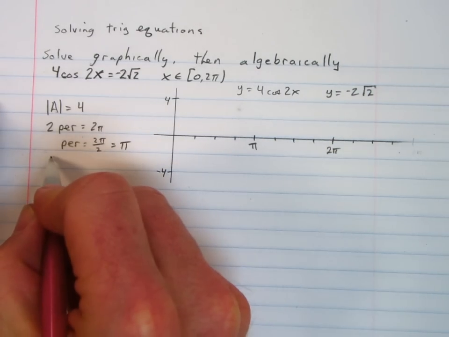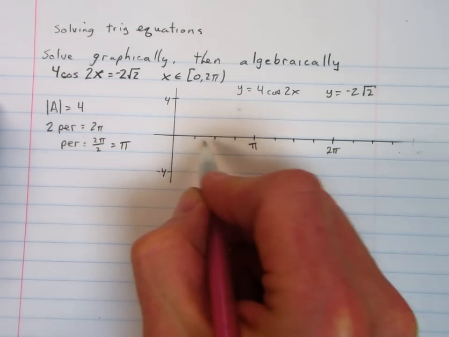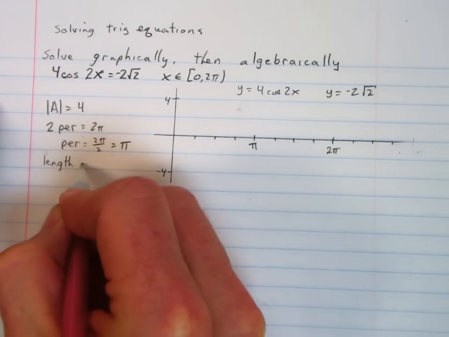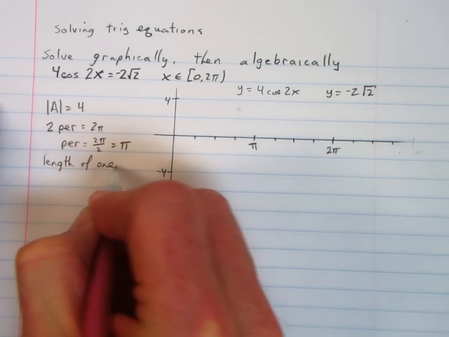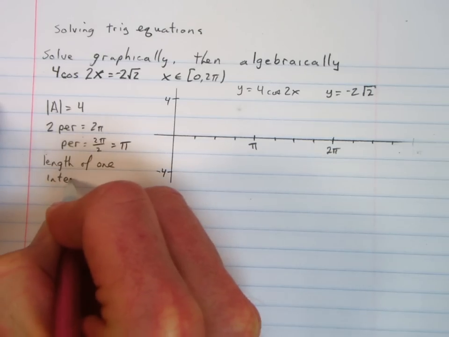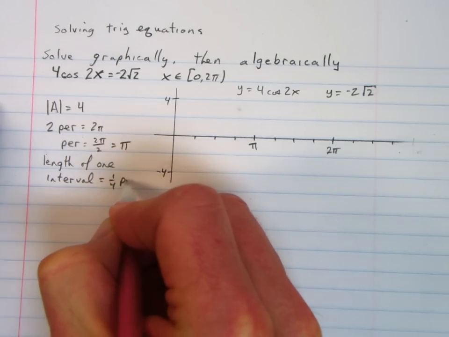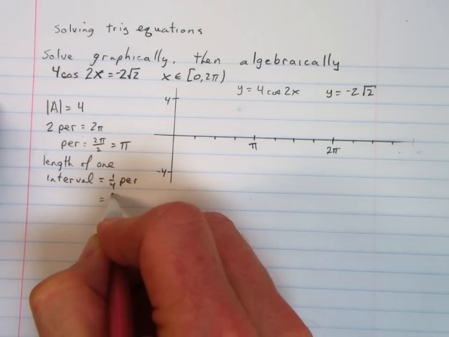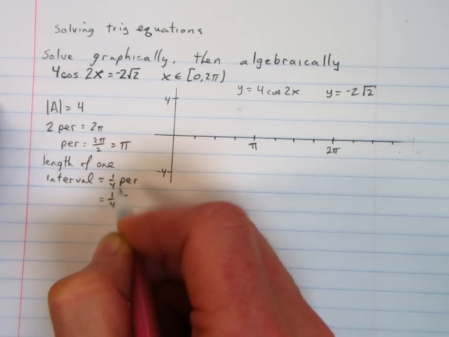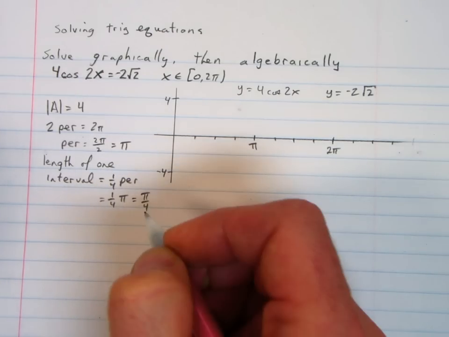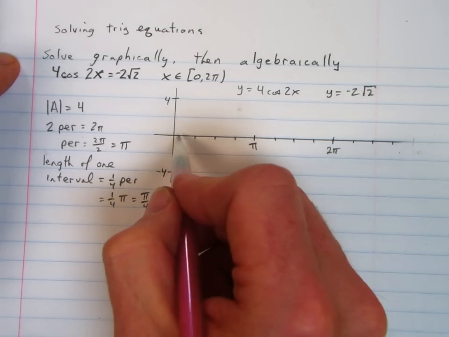Now we talked about this in terms of determining what these numbers are. We have the length of one interval equals 1/4 of the period, or in other words, 1/4 of pi here, which is pi over 4. To review, why is it 1/4?